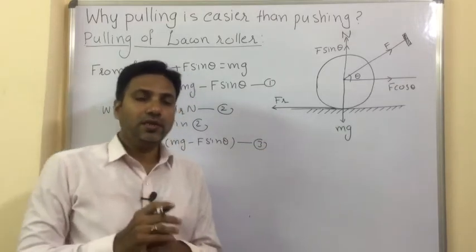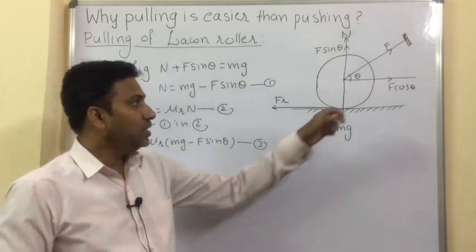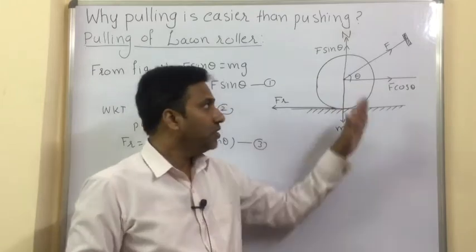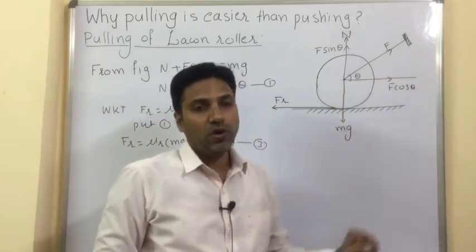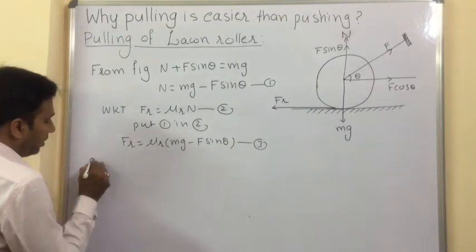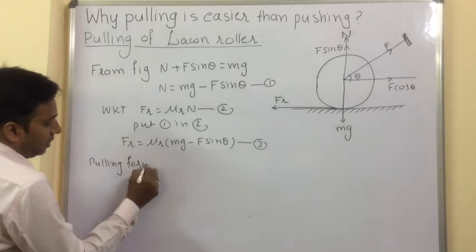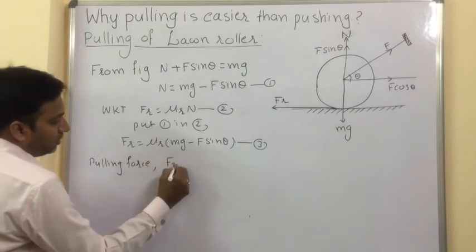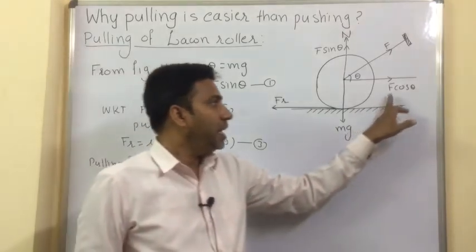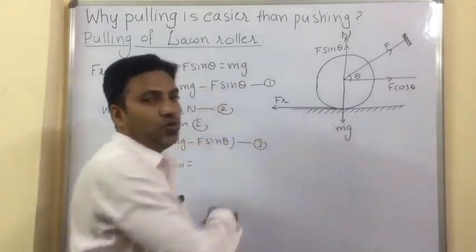Now you can see that more than one force is acting on the object. So here we have to see the resultant force concept when you are pulling the lawn roller. There will be a net pulling force, F pull, equal to, you see here F cos theta is towards right and Fr is towards left.